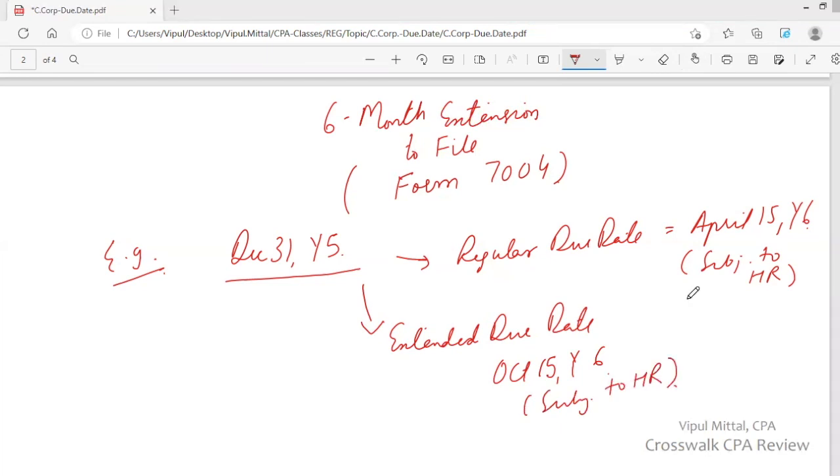Form 7004 must be filed on or before the regular due date of the tax return. Once a C corporation files Form 7004, it automatically gets a 6 month extension.